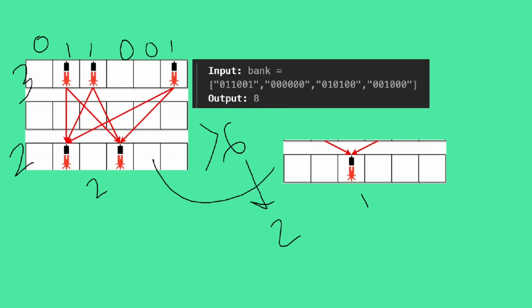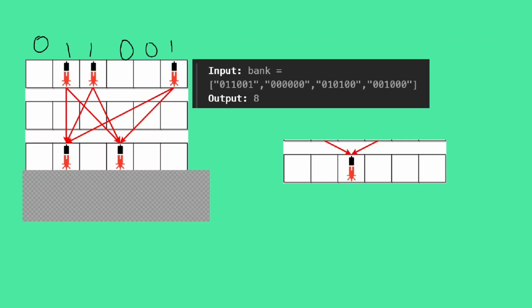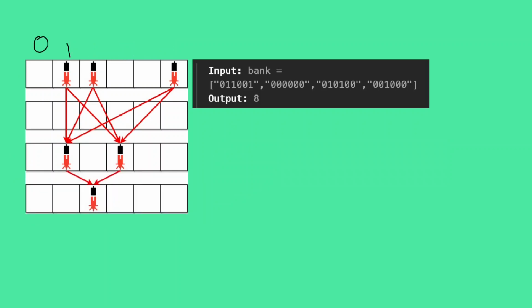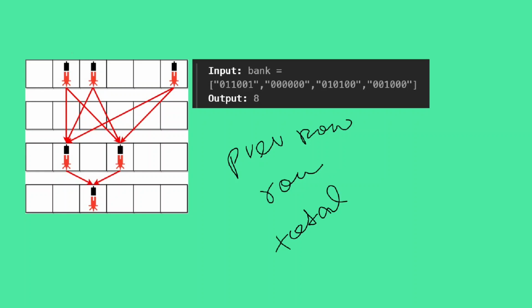So, how will we basically get these values then? The best way to calculate this is to have one variable called previous row. I'll have one variable called row, which will iterate over all these rows, and then we have the total. Now, previous row will always have the last actual number of devices that we found.